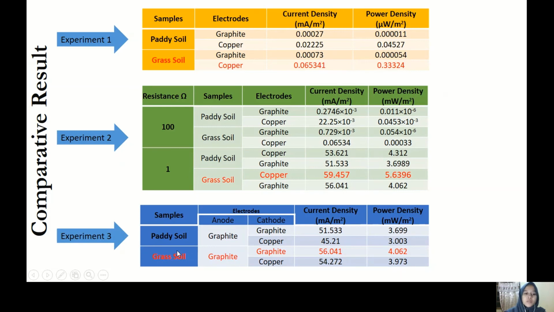Based on this experiment, grass soil also shows the higher value, but for this experiment the combination of graphite and graphite has the better performance, with a current density of 56.041 milliampere per meter square, and the power density is 4.062.